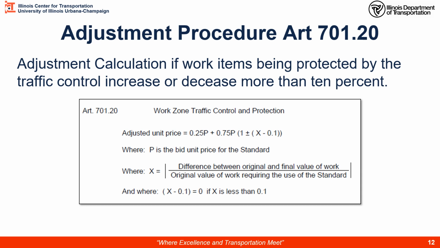So that's why there's a plus or minus. You're going to have to choose one of those based upon which way the work had progressed. Now, if in calculating, the X value is less than 1/10, point 1, we are not going to do an adjustment. It's going to be 0, and then no adjustment takes place.